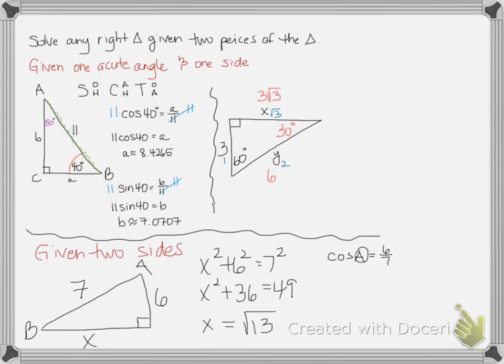So what you can do is move the cosine over here if you put onto it a cosine, and then this little to the -1 is what we call an inverse cosine. Look on your calculator, see if you can find it. I'm going to stop right there, and I'll continue on this tomorrow, but you'll see on your calculator that you have that button. So from here, you would just punch in on your calculator, cosine inverse of 6 over 7, and it will give you a degree.